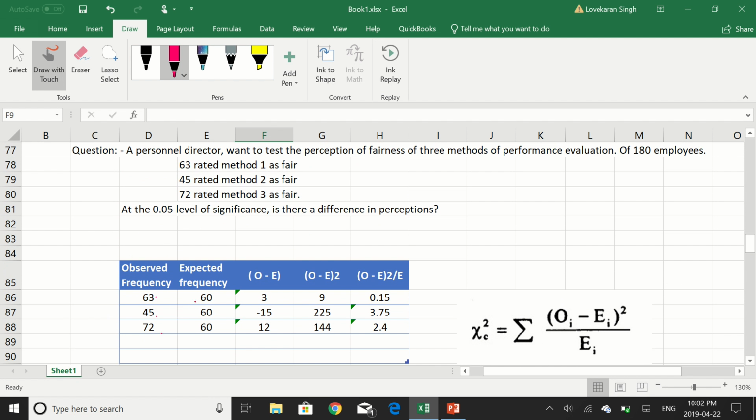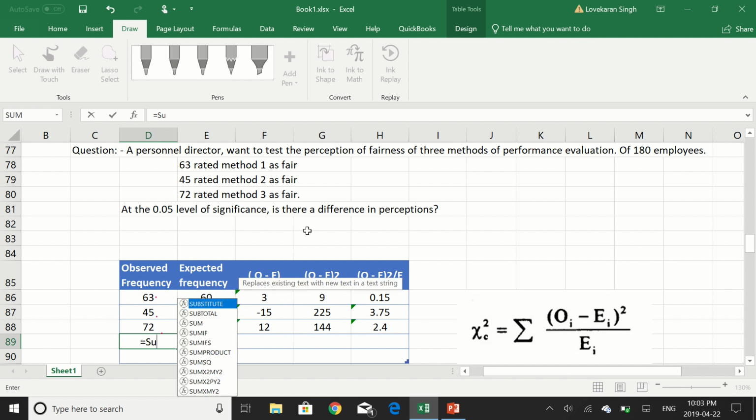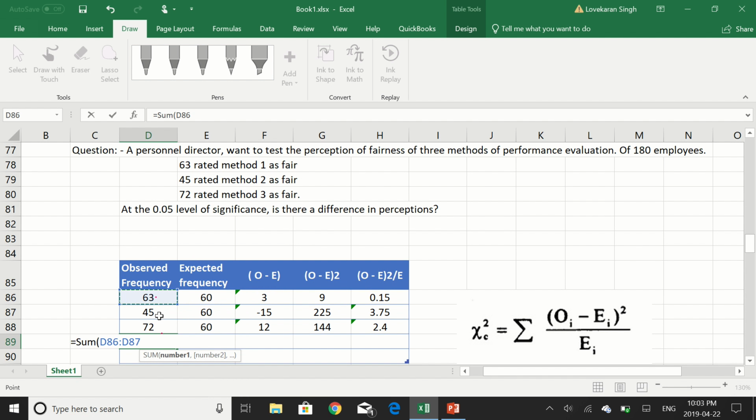We can find the expected frequency by dividing 180 by 3. 180 is the total of all the observed frequencies, and we divide by 3 because we had 3 observed frequencies. Then we subtract the expected frequency from the observed frequency.